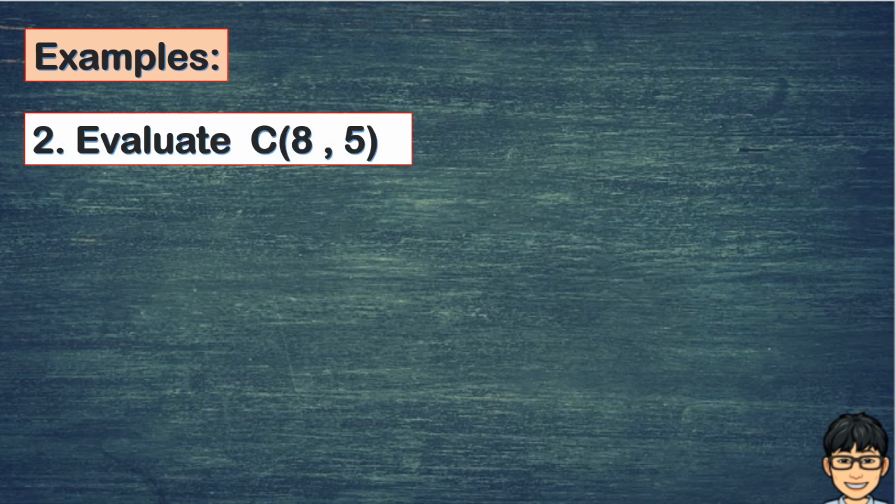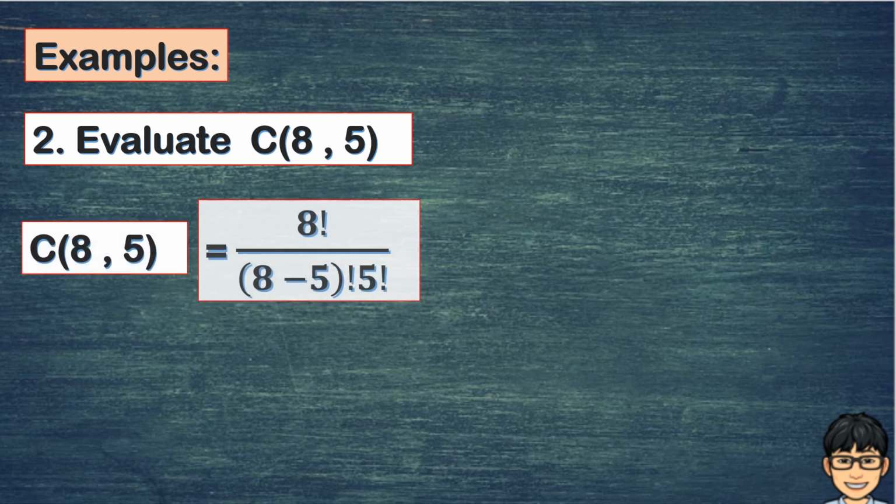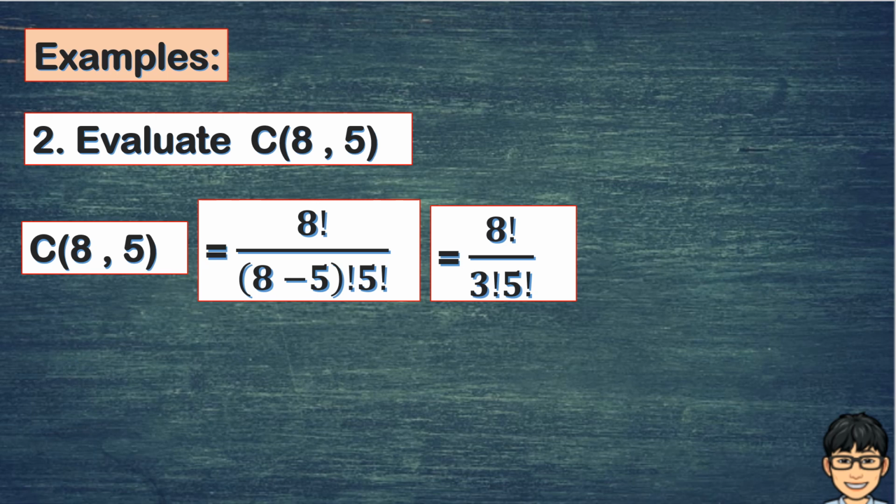Okay, let us have example number 2. Evaluate 8 select 5. So using the formula, it is equal to 8 factorial over the quantity of 8 minus 5 factorial times 5 factorial, which is also equal to 8 factorial over 3 factorial times 5 factorial.